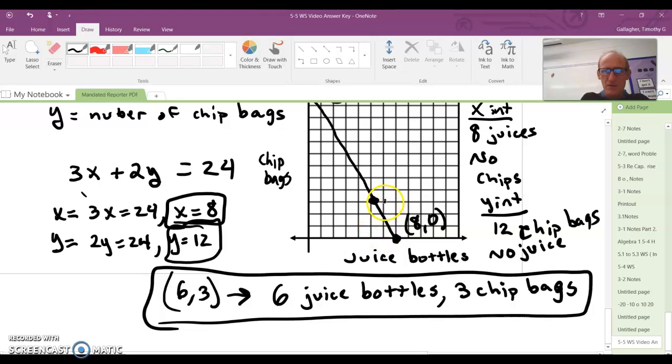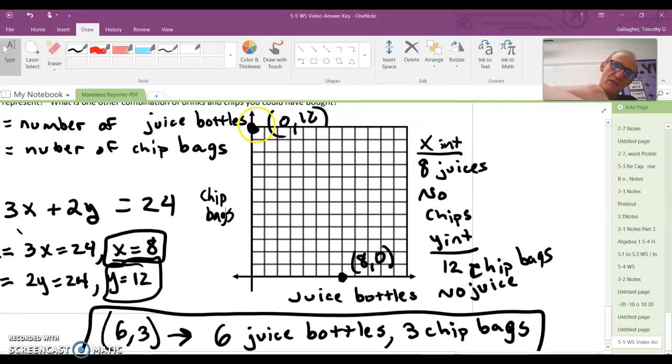That's 6. This is actually 6, 3, so I have to redo my line here. Let me see if I can get a better line. Did I get 6, 3 in there? 1, 2, 3, 4, 5, 6. Oh shucks, that's what happened.